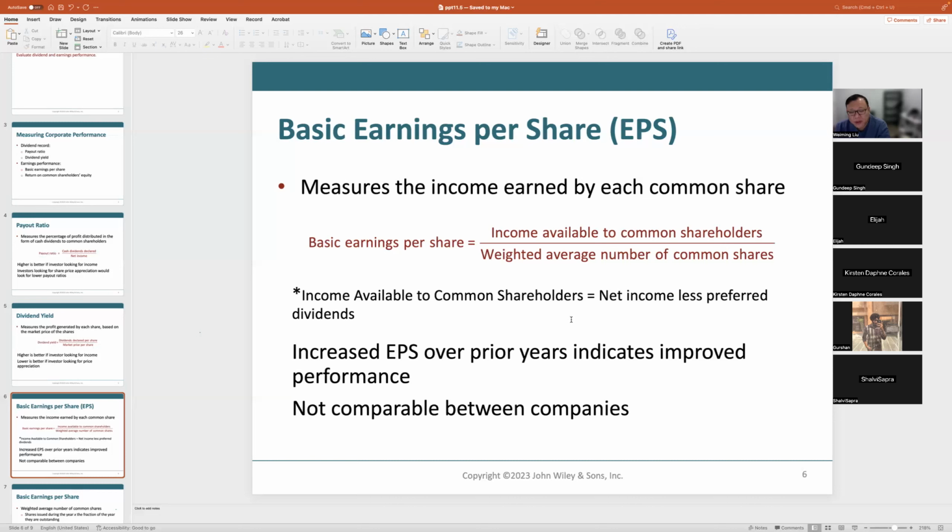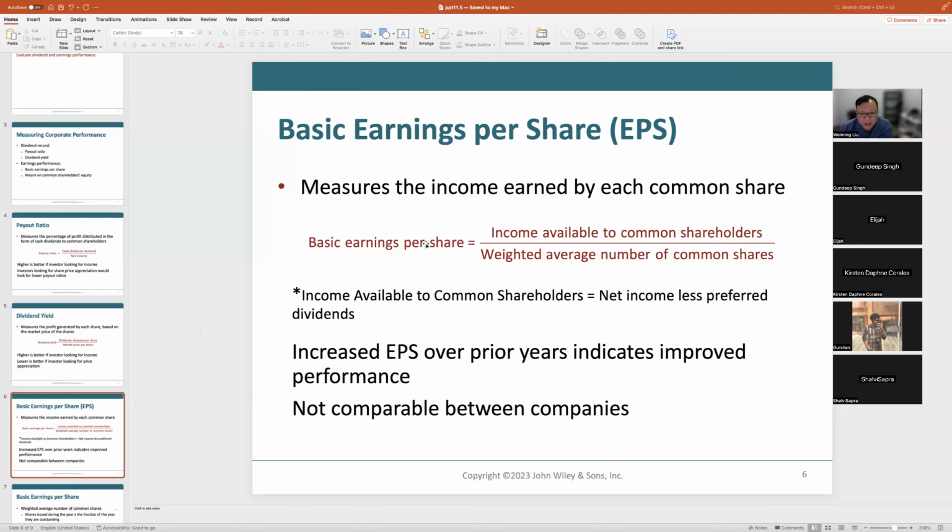For now, if basic earnings per share increases, that's good news. If last year your basic earnings per share was only 50 cents, and this year it is 80 cents, you should be very happy, because your basic earnings per share has increased substantially. So that is important.